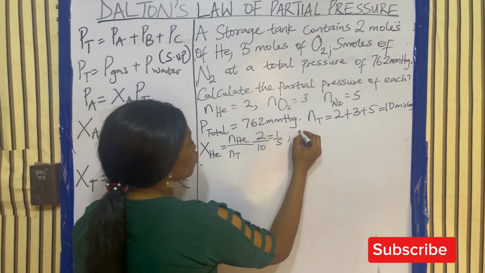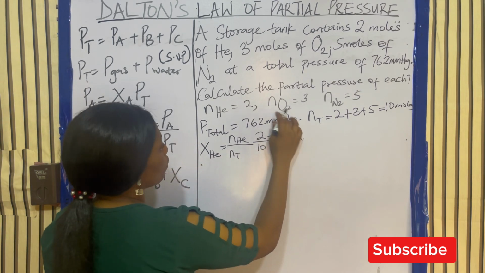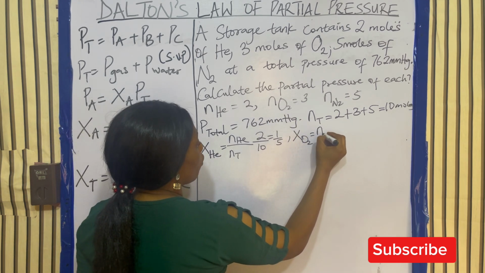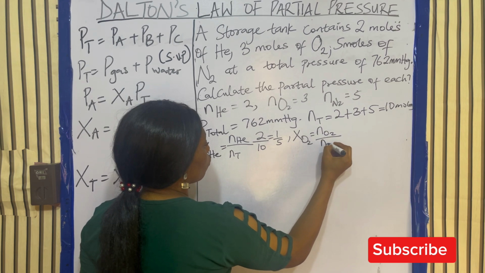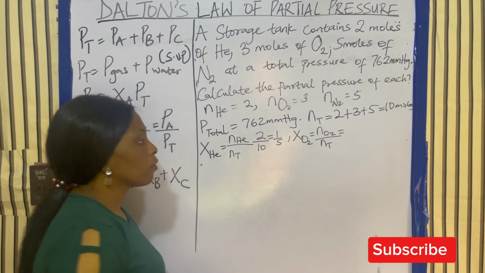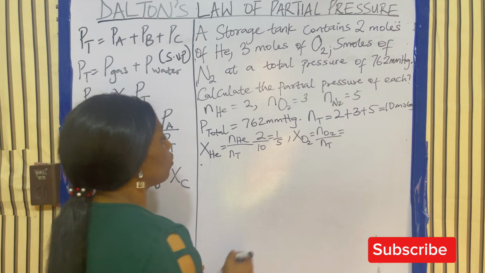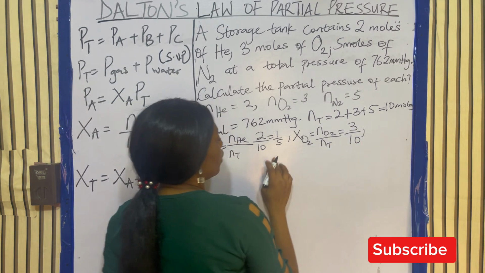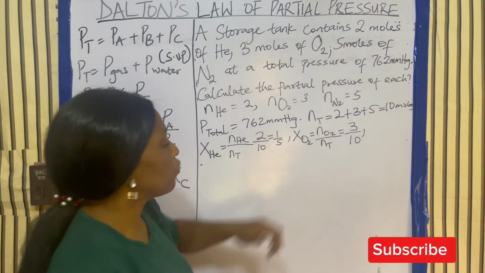What about the mole ratio of the next one? Oxygen. The mole ratio of oxygen will be number of moles of oxygen over total. That will give us 3 over 10. So let's look for the mole ratio of nitrogen.